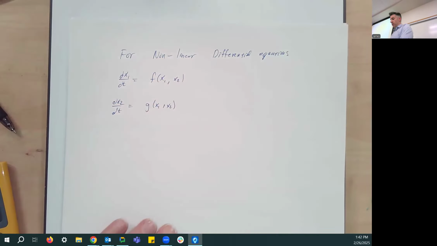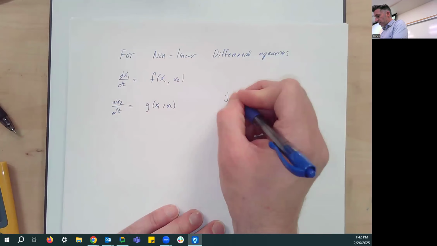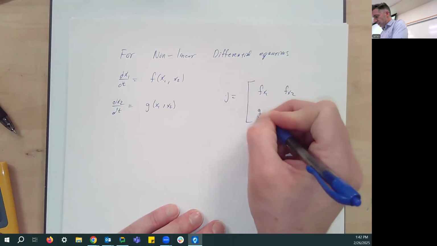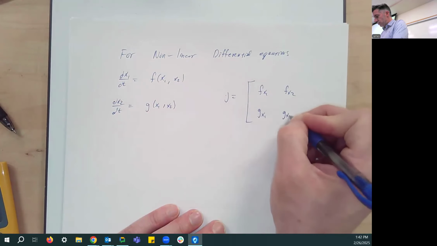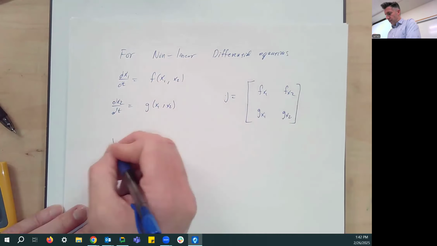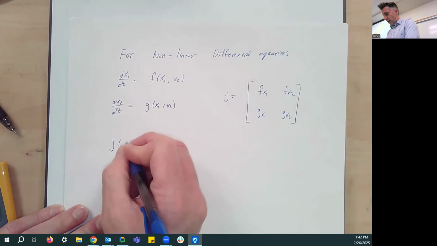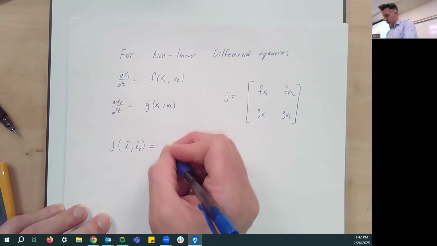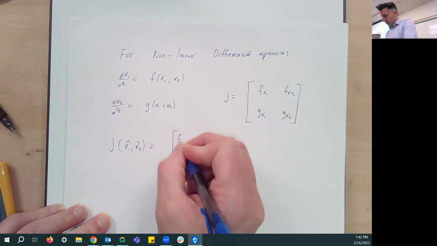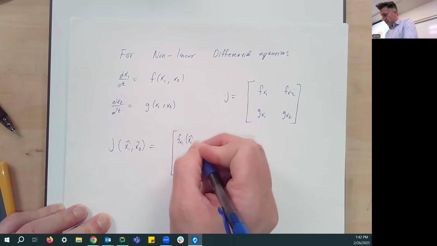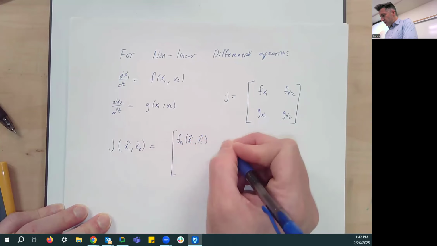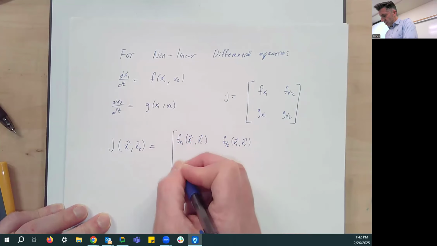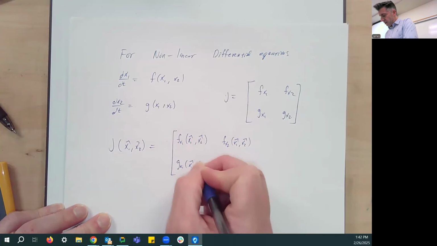When you find the Jacobian, which is equal to, again, the matrix of partials, fx1, fx2, gx1, gx2. And then when you plug in your equilibrium, so you have like J of x1 hat, x2 hat. I don't really want to write it, but I guess I'll write it out as fx1 of x1 hat, x2 hat, and so on, fx2 of x1 hat, x2 hat, gx1 of x1 hat, x2 hat.